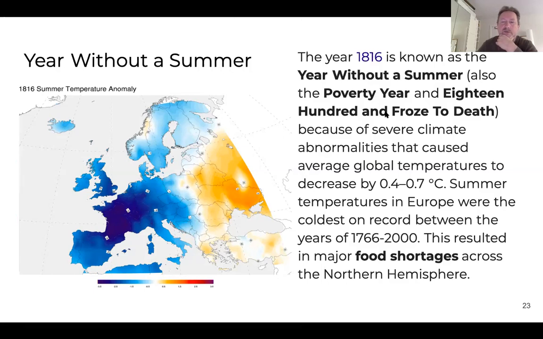1816, and people froze to death because of severe climate abnormalities that caused average global temperature to decrease by about 0.5 degrees Celsius. Summer temperatures in Europe were the coldest on record between these years.